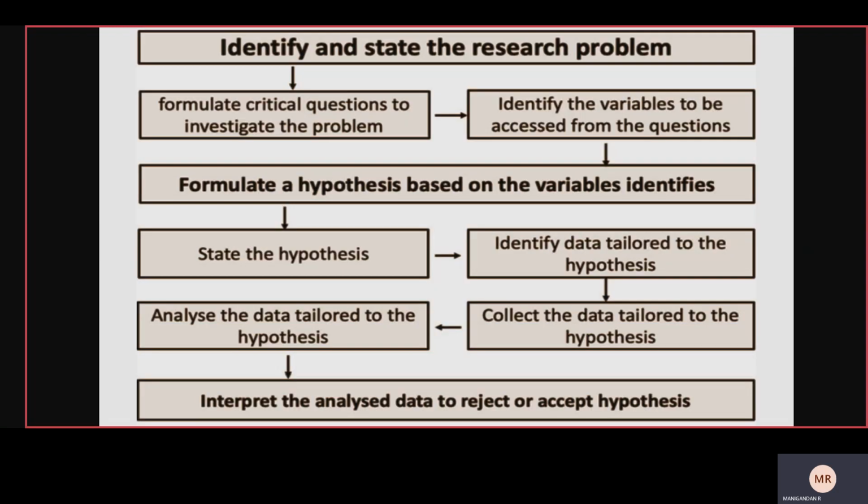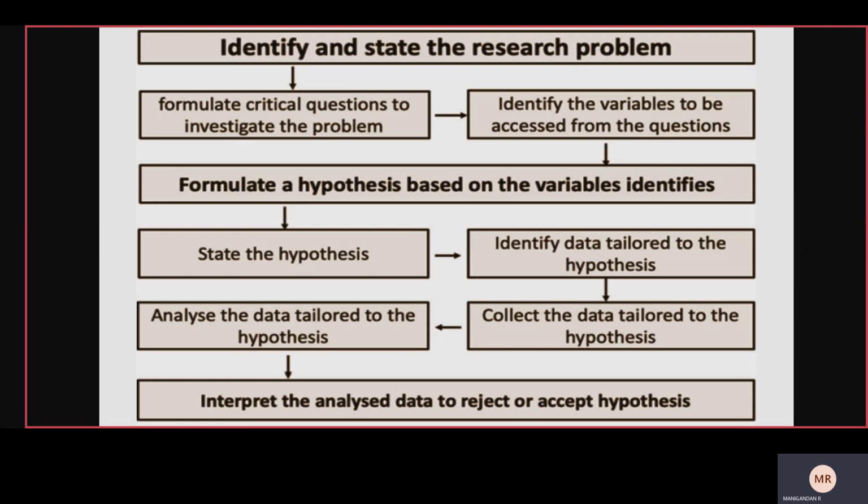Next, identify. This is the most important step when you go into research. You need to identify and state the research problem. What is the problem? Formulate the critical questions to investigate the problem. What is the critical question you are going to use to investigate the problem? First you need to find the research problem, and then you need to formulate the critical questions.